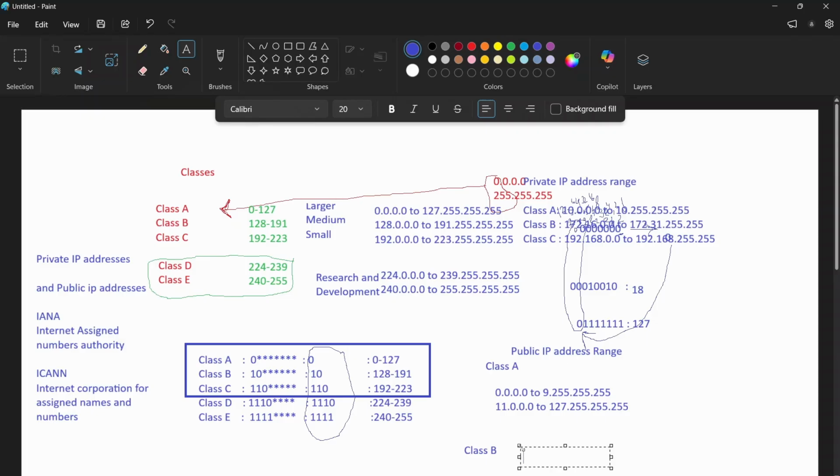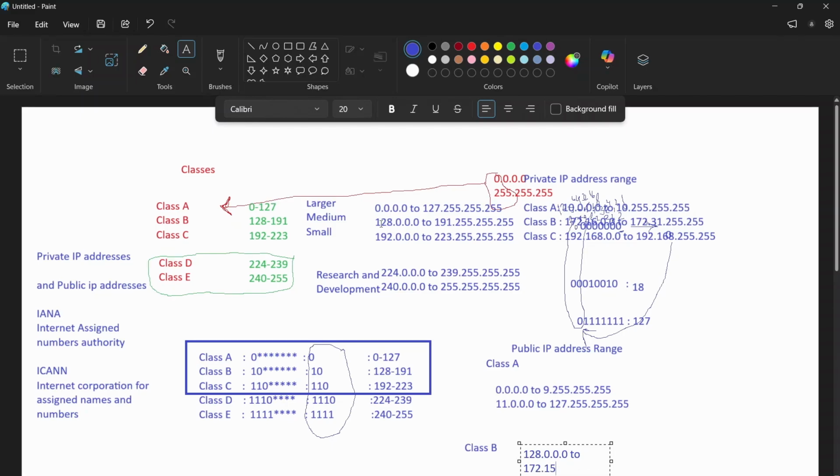So it will start from 128.0.0.0 to 172.15.255.255, since 16 is excluded.